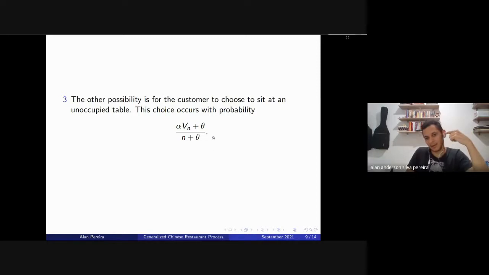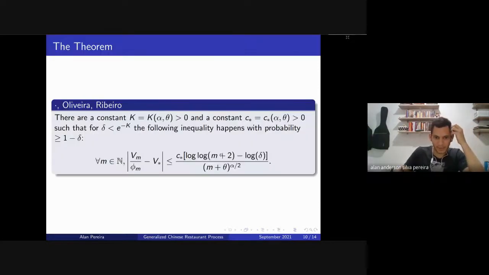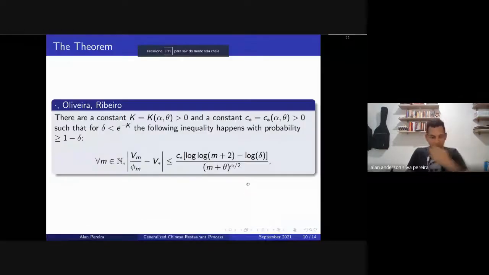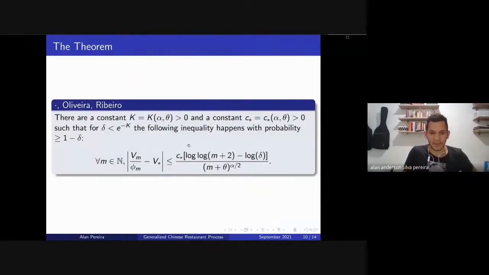And the work, in fact, is about the concentration of this quantity around this limit that was well known before. So the result is about concentration of the sequence of random variables that converge to the limit of the number of tables.